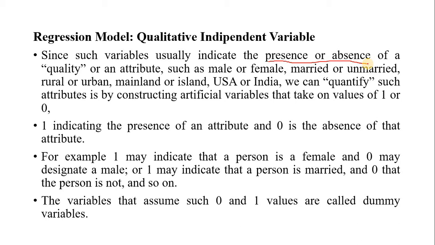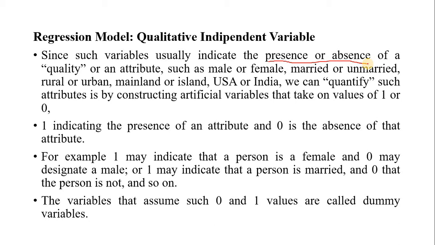So we can quantify such attributes by constructing an artificial variable that takes the values 1 and 0. 1 indicates the presence of an attribute, and 0 indicates the absence of an attribute.